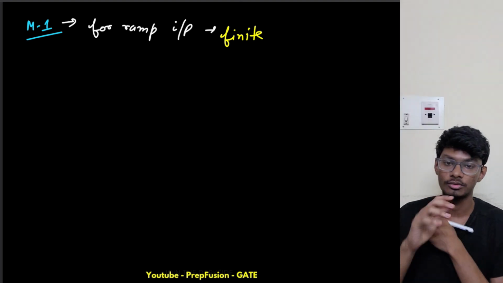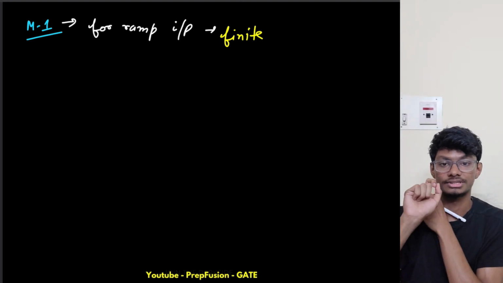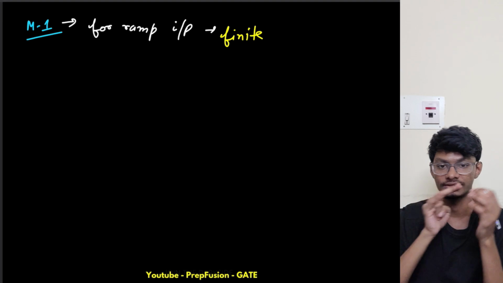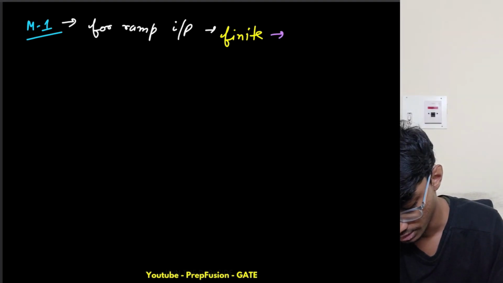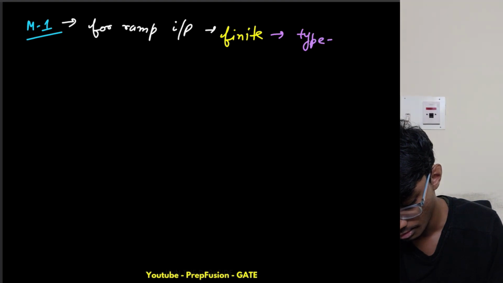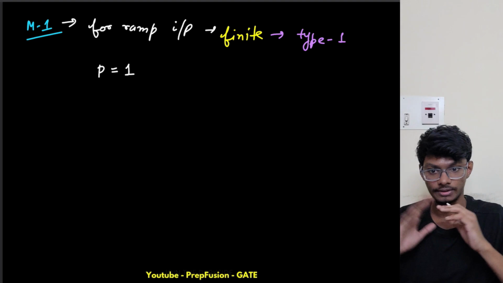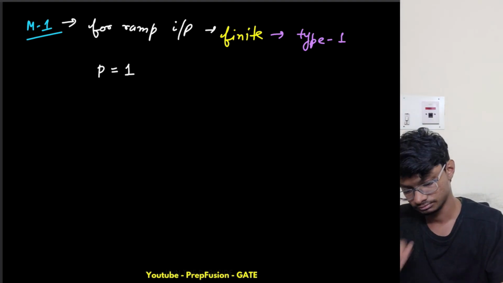If for ramp input I get finite error, then the type will be 1, type 1 system. So if it is type 1, my p will be equal to 1. So this is basically my type 1.